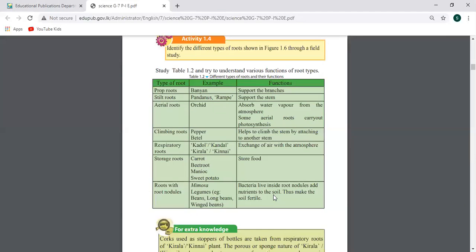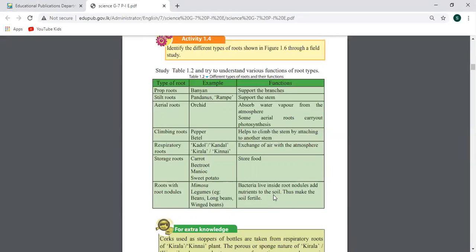Aerial roots, example orchid, function is to absorb water vapor from the atmosphere, and some aerial roots carry out photosynthesis. Then climbing roots, example pepper and betel, the function is they help to climb by attaching to another stem.